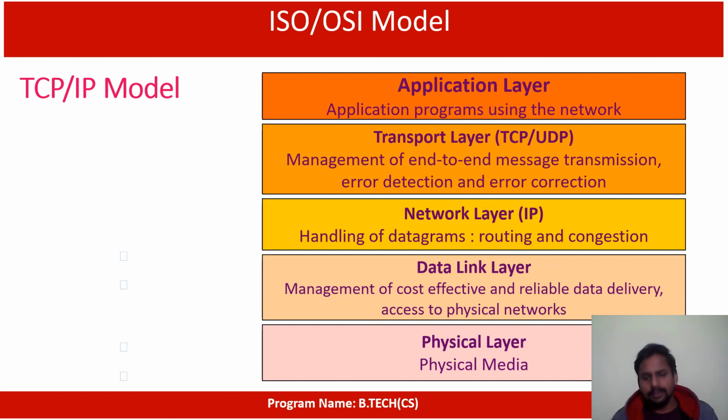All these layers are available in the OSI model also, but OSI has 7 layers, and in TCP/IP we reduce 2 layers. The presentation and session layers are missing in the TCP/IP model. The rest of the layers do the same operations.